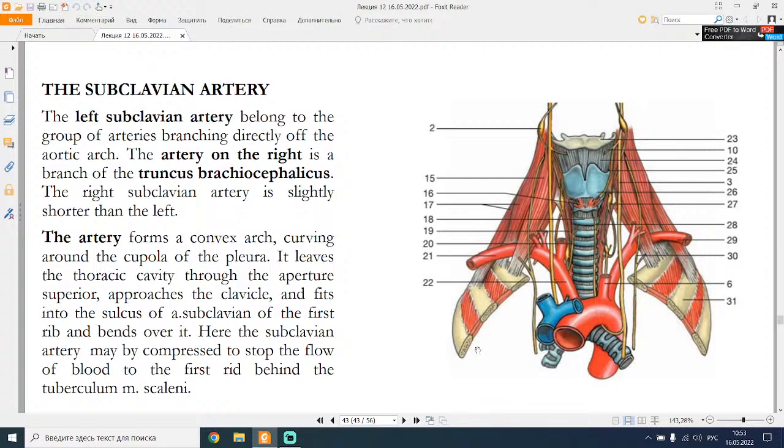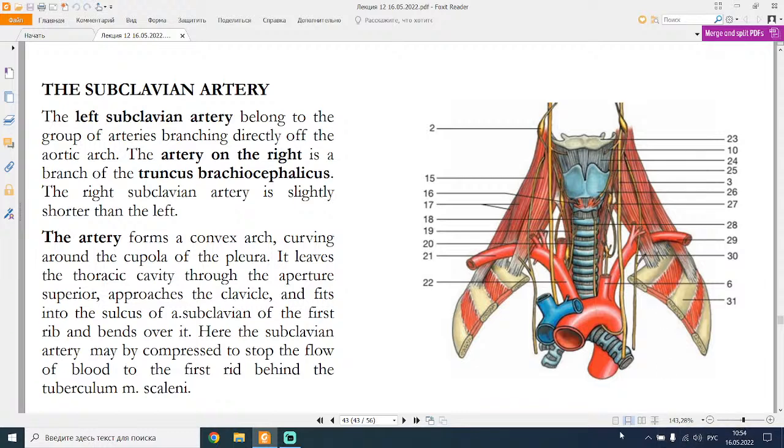The artery forms a convex arch curving around the cupola of the pleura.